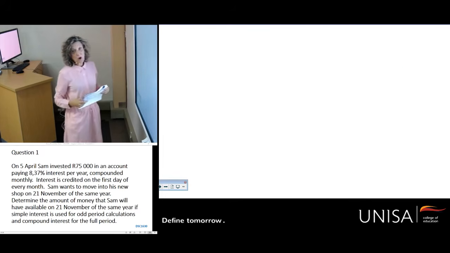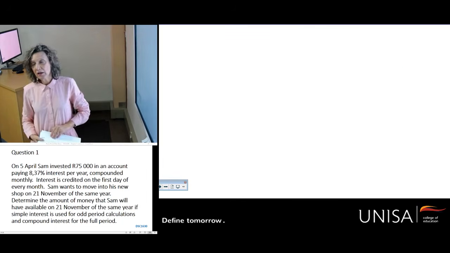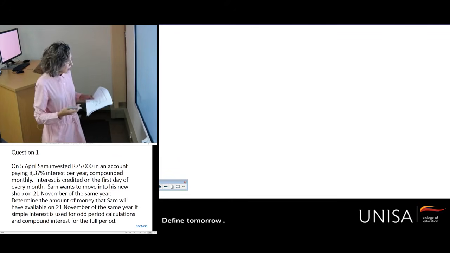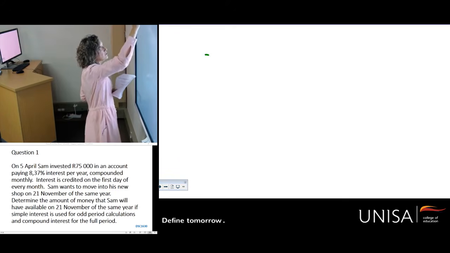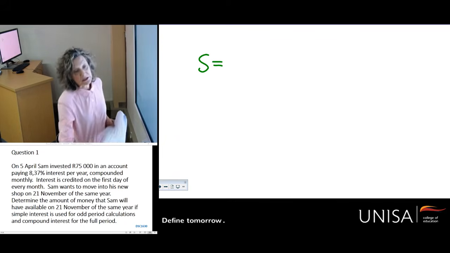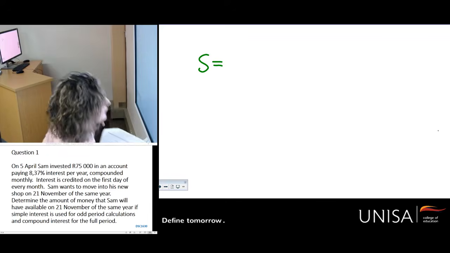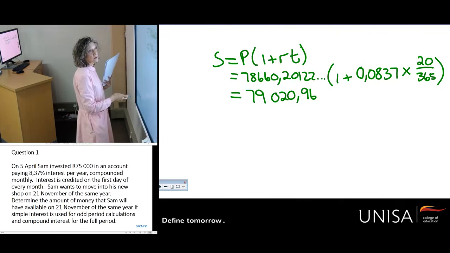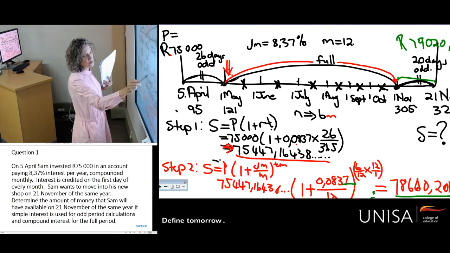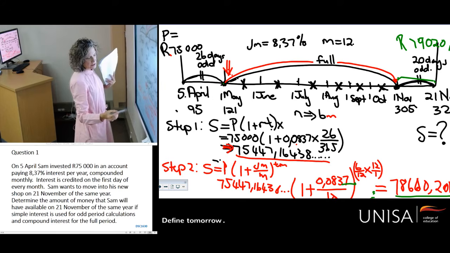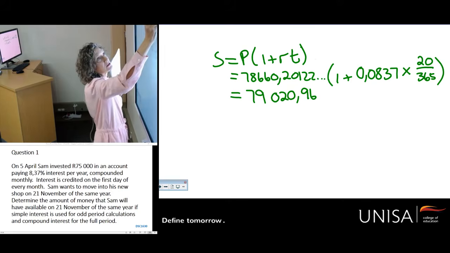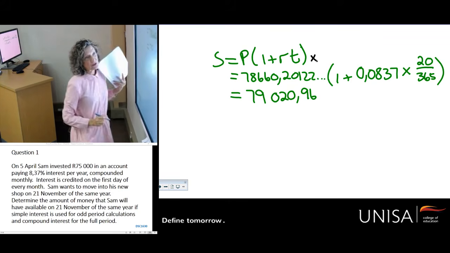Right. The one method is every time calculating the next answer, and then using it in the next one. The second method is we can just write it all. Let's go back to our black one quickly. What we actually did, if you go back, we used simple interest, then we used compound interest, and lastly, we used simple interest again, right?